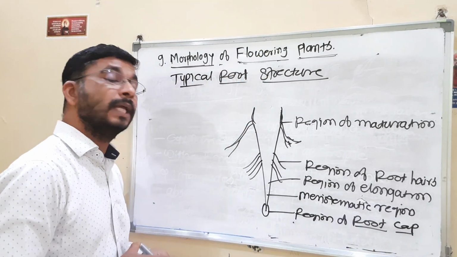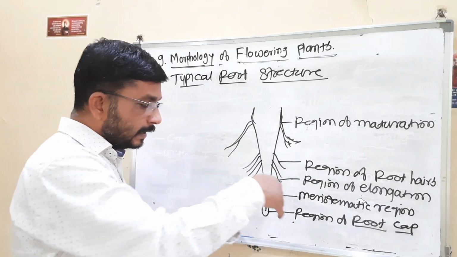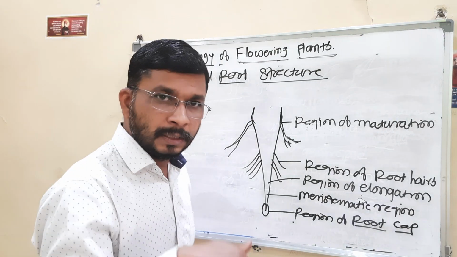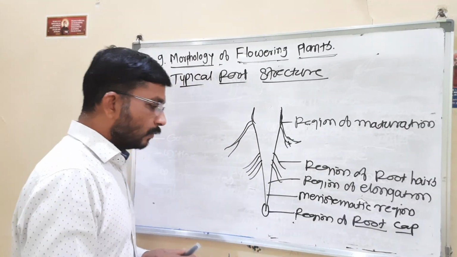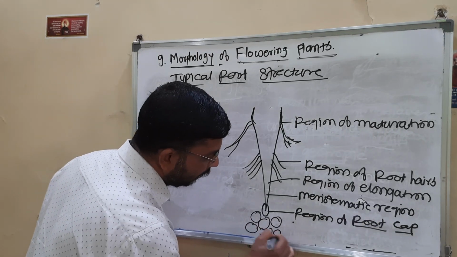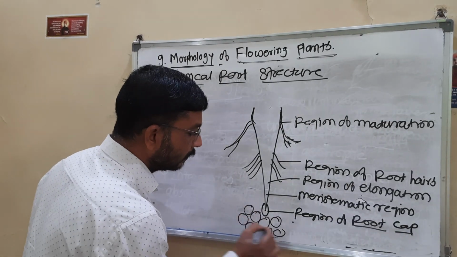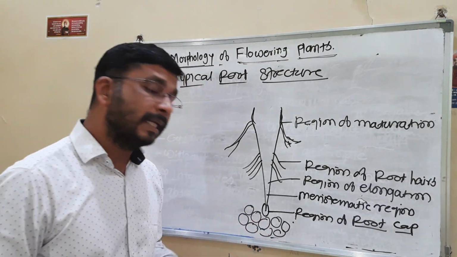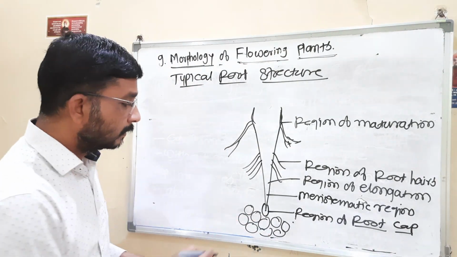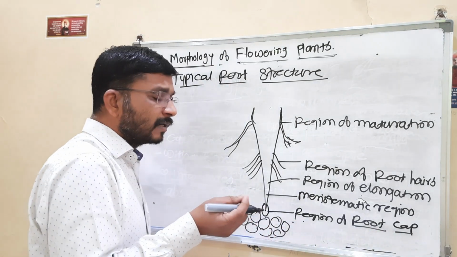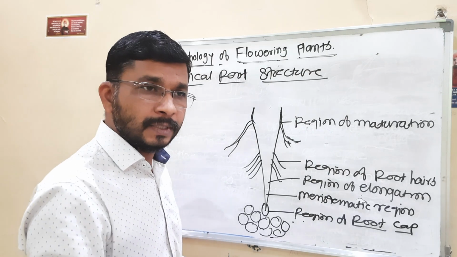When the root grows downward into the soil, there are a number of soil particles and rock particles present. To get past them, the region of root cap secretes a mucilaginous substance.